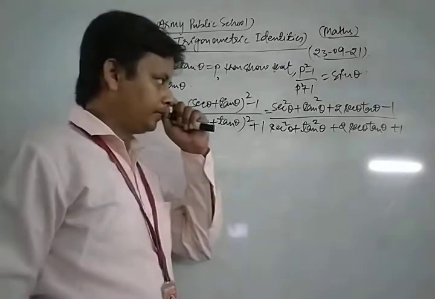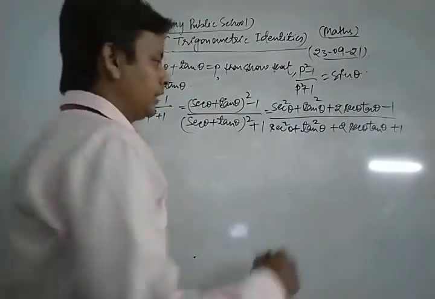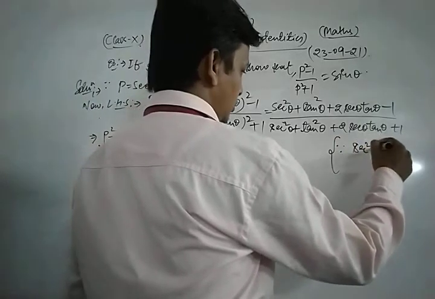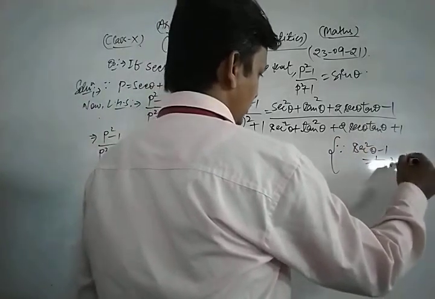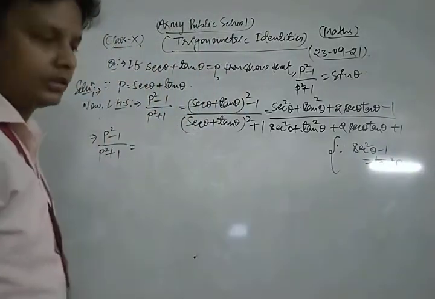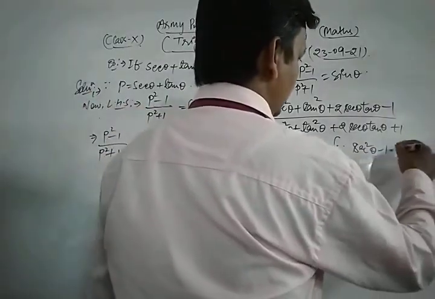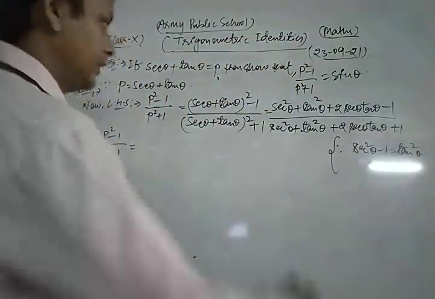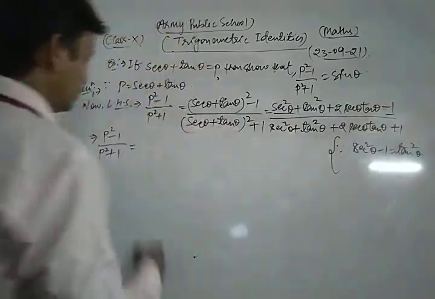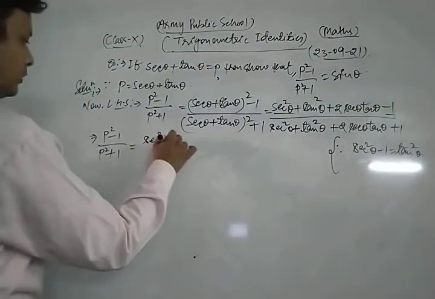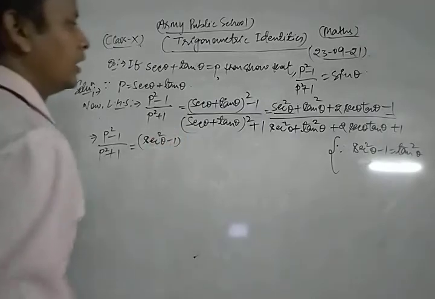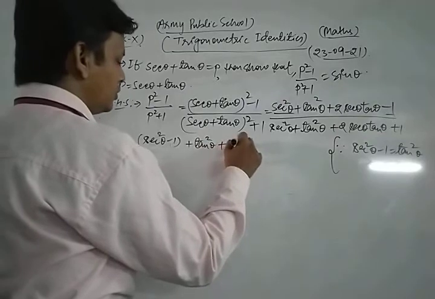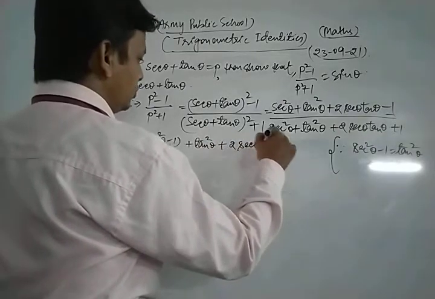Now look, here we apply the identity. Since we know that sec square theta minus 1 is equal to what? Tan square theta. You know that, na? So here we apply that identity. Now look, here we take sec square theta minus 1 together, and we write tan square theta plus 2 sec theta into tan theta as it is.